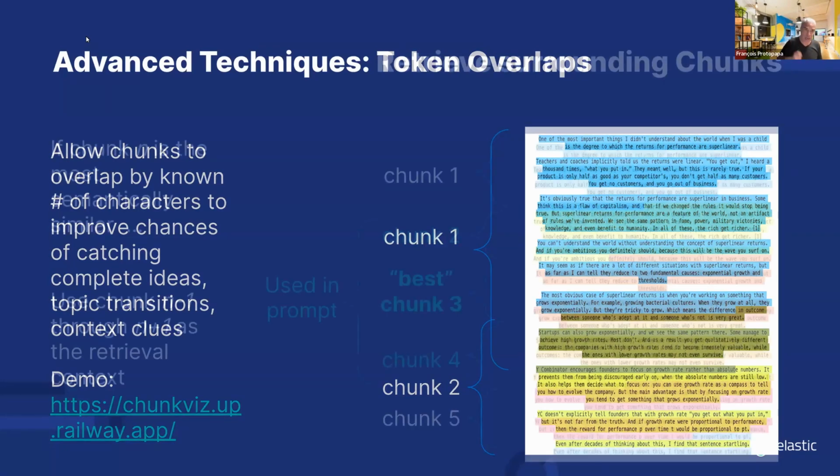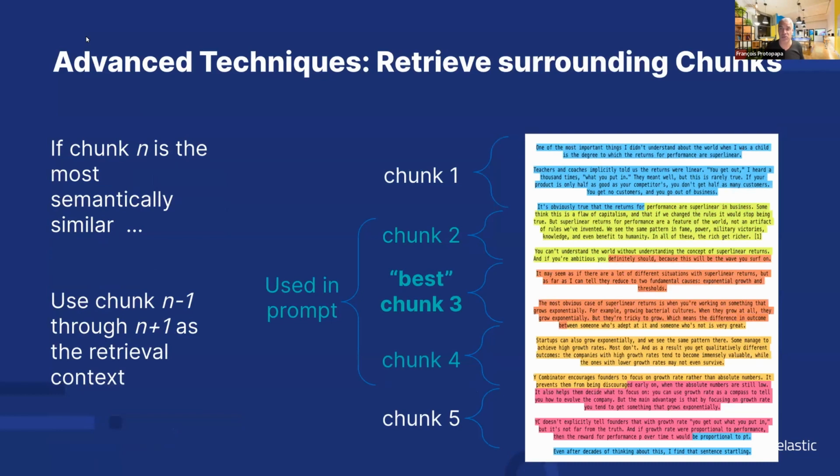Good. Another important feature is retrieving the surrounding chunk. Again, keep in mind the novel reading example from the beginning, where you use the previous and the next chunk to get the full context. The same could be said for the model processing the chunk and the way you add the context.